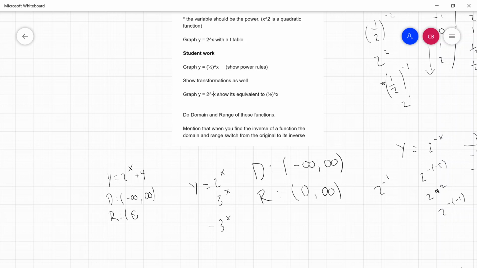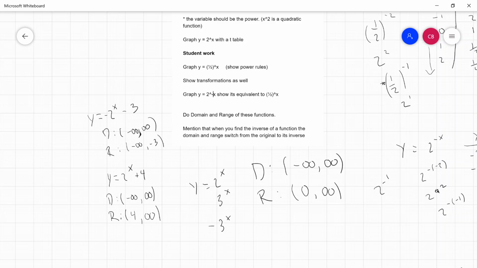It's originally 0 if it's just 2 to the x, but we're adding 4 to that, so 4 to infinity. If I do y equals negative 2 to the x minus 3, then our domain is negative infinity to infinity, and the range will be from negative infinity up until negative 3.